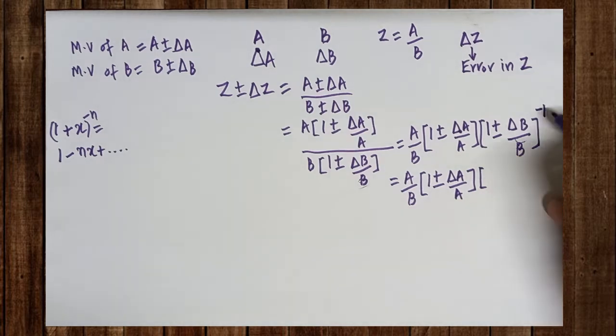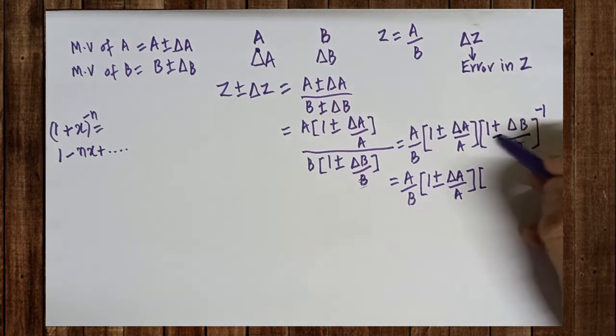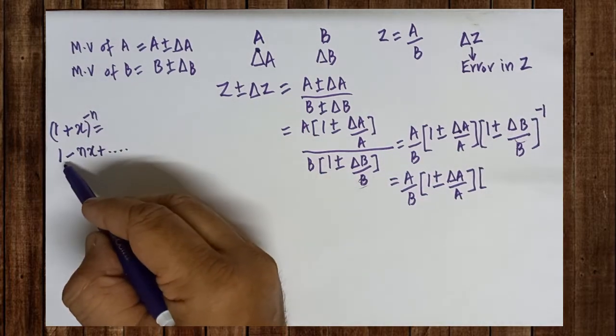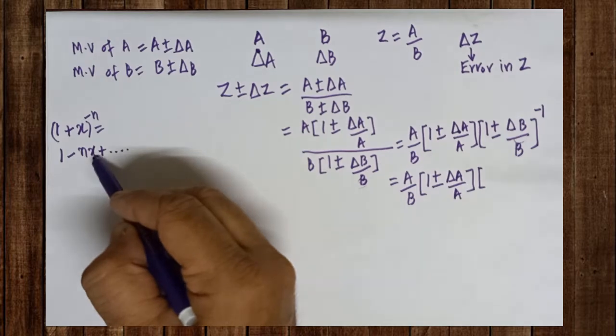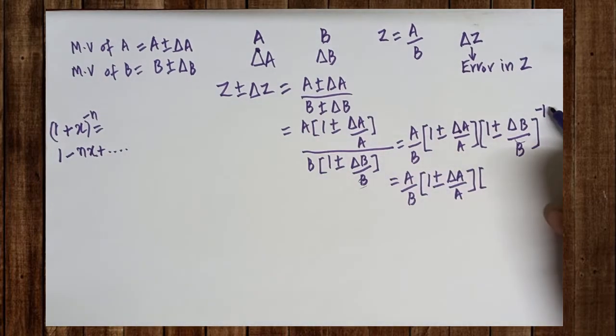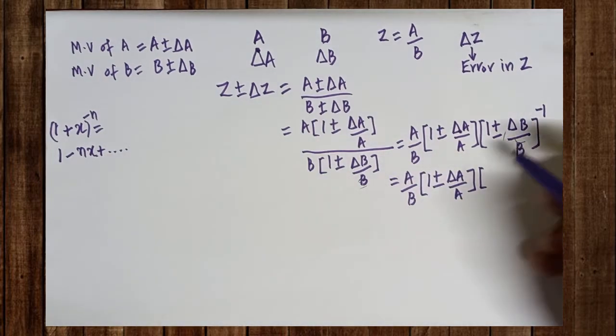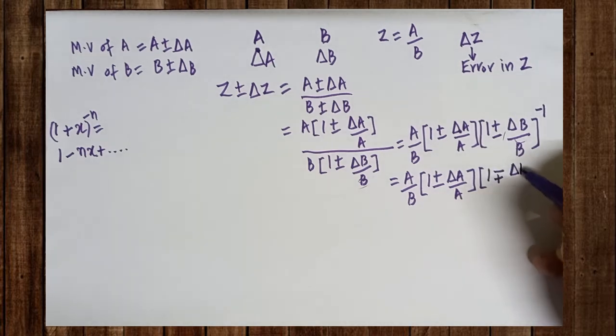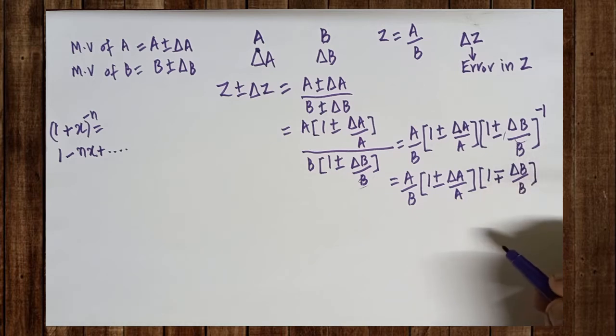Are you clear? If it is brought inside, this entire sign must be altered. Look at that: 1 plus x power of minus n becomes 1 minus nx. Here this is n. If it is brought inside and the sign changed, it becomes 1 minus plus del B divided by B. In that format we can write.